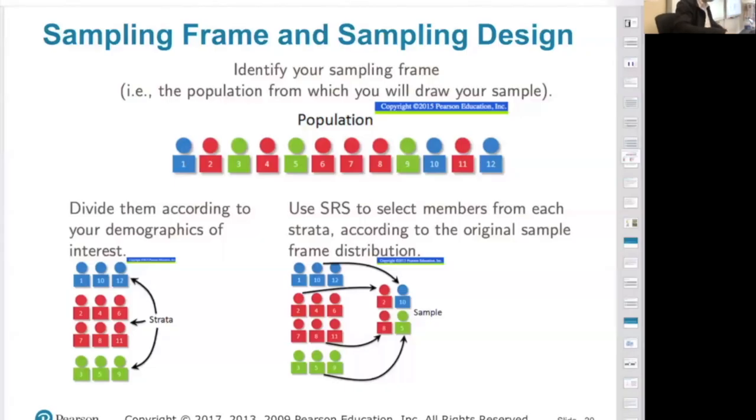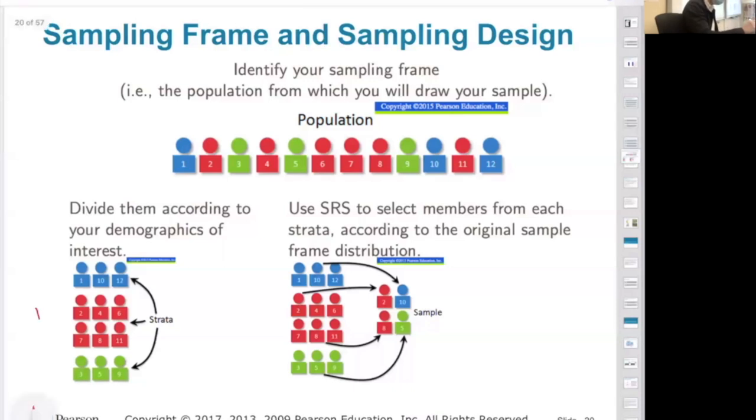And as you can see in this example, you have 3 blue, 6 red, 3 green. So if you need a sample of 4, you need to take the percentage. What is the percentage here?